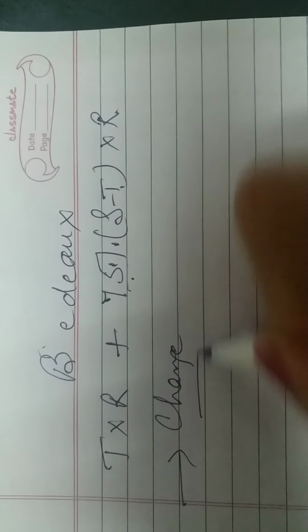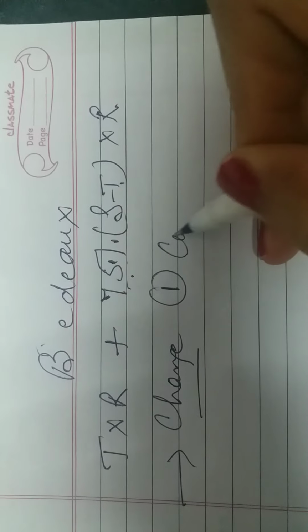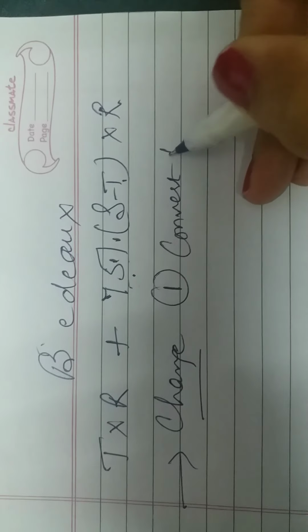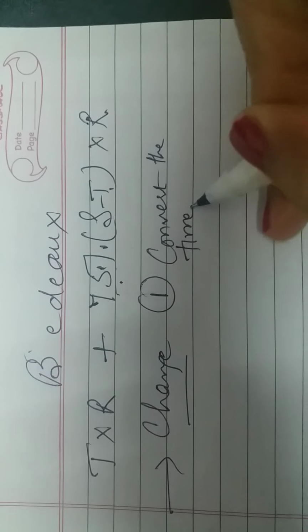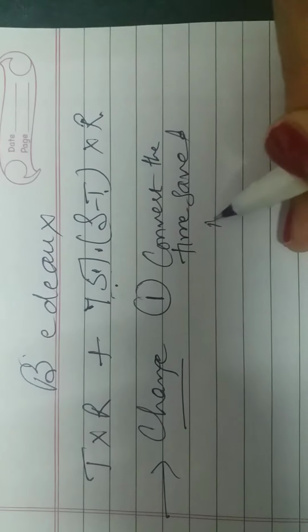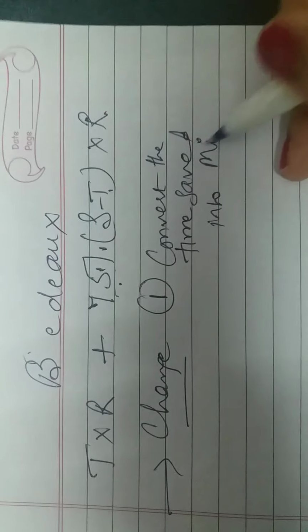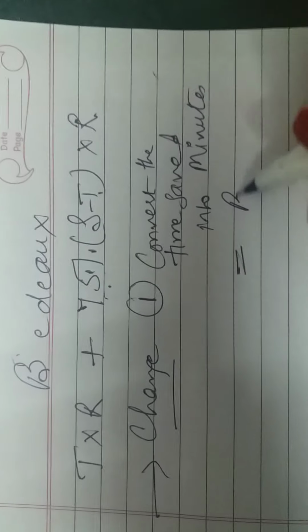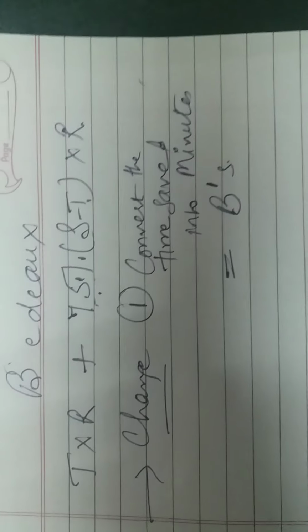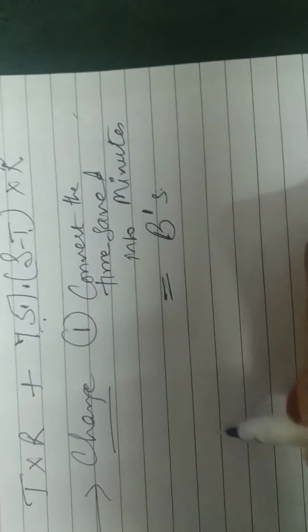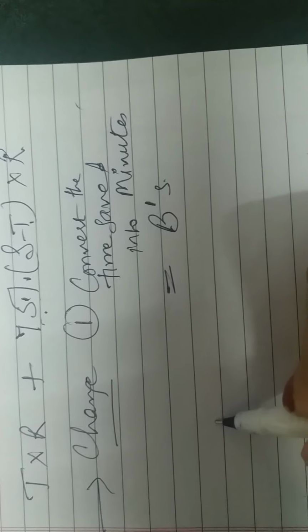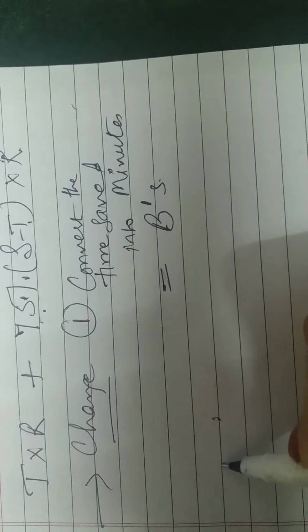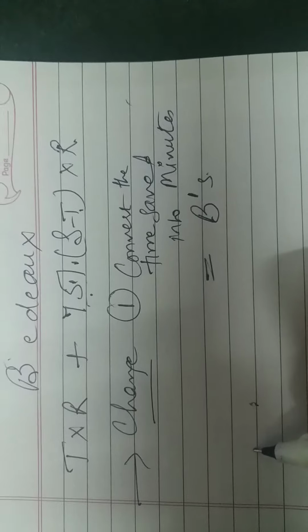The change is, step 1, convert the time saved into minutes, and those minutes are called Bs. I have explained that in the PPT part. You can have a look at that PPT video tutorial again in order to understand this method.